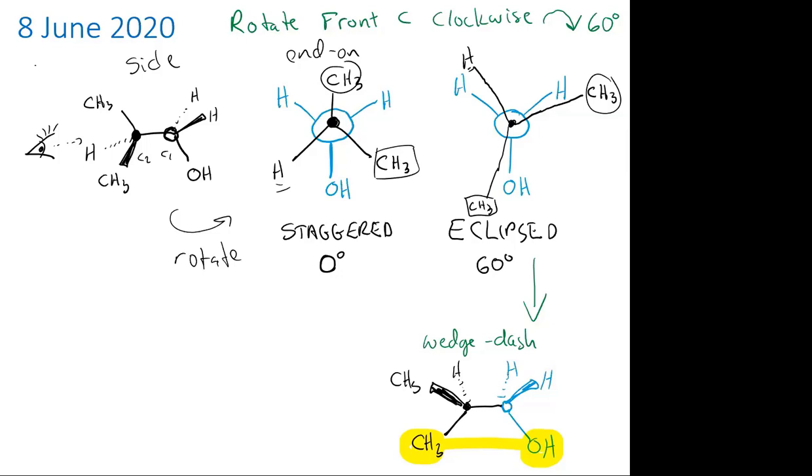And then the CH3 that's sticking out at us and the hydrogen that's sticking out at us are eclipsing each other too. So in a wedge-dash picture, when you have two wedges that are both up, for example, you know you've got an eclipsing conformation, at least if you've got an open chain like this rather than a ring.